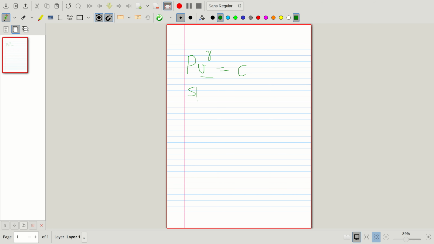What do we mean by specific volume? It is volume per unit mass. Volume is meter cube, and specific volume is always meter cube per kg. For all specific quantities, specific enthalpy and so on, the kg comes into the picture. So this is the specific volume, and rho is basically 1 over this V. That is the relation we are going to use.